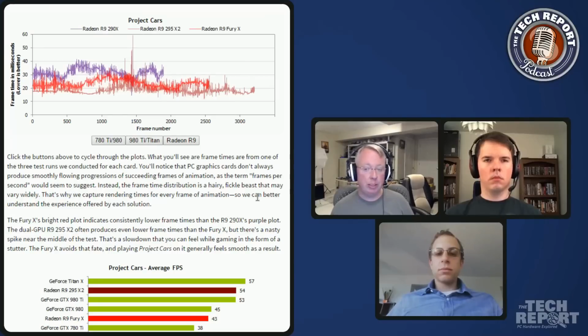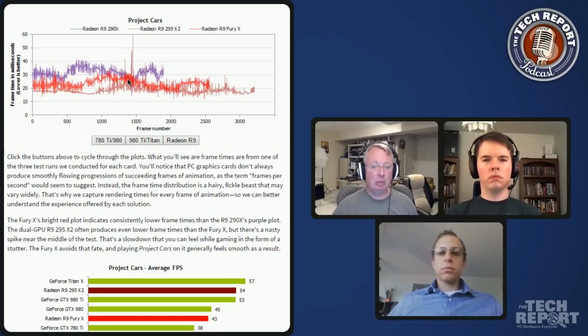And doing so allows us to not just measure sort of potential, which is what FPS does, but also delivered performance, because the shape of a frame time plot, as you can see here, can be very hairy, and it's not the case that PC graphics cards produce a nice smooth progression of frames from one to the next like FPS seems to suggest.